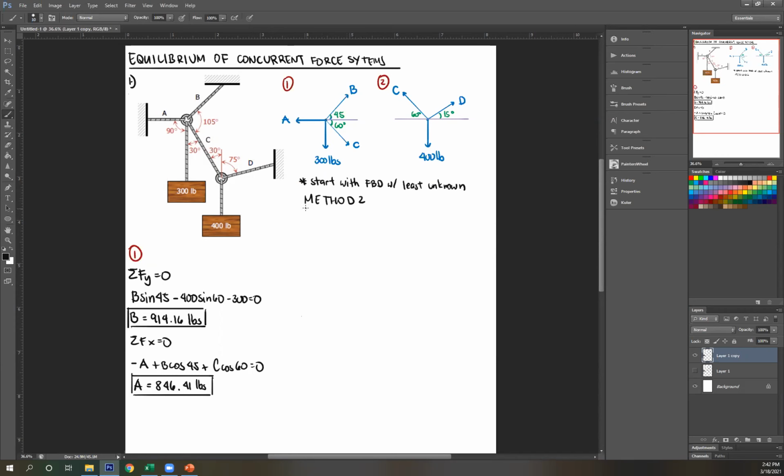So method 2, you're still gonna start with the least unknown, which is this. But now, I'm gonna rotate it in a way that one of the unknowns coincides with our x or y axis. Okay? So how do we do that?